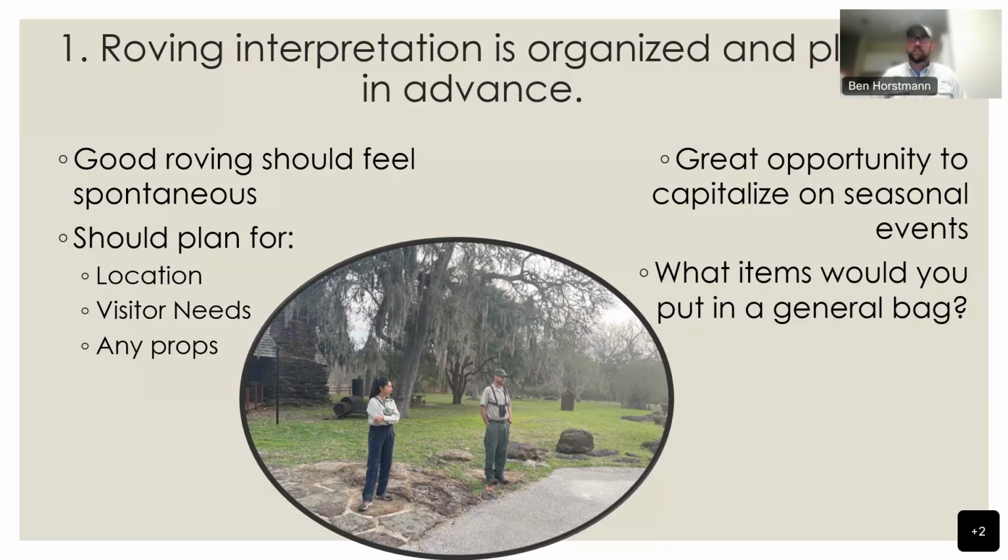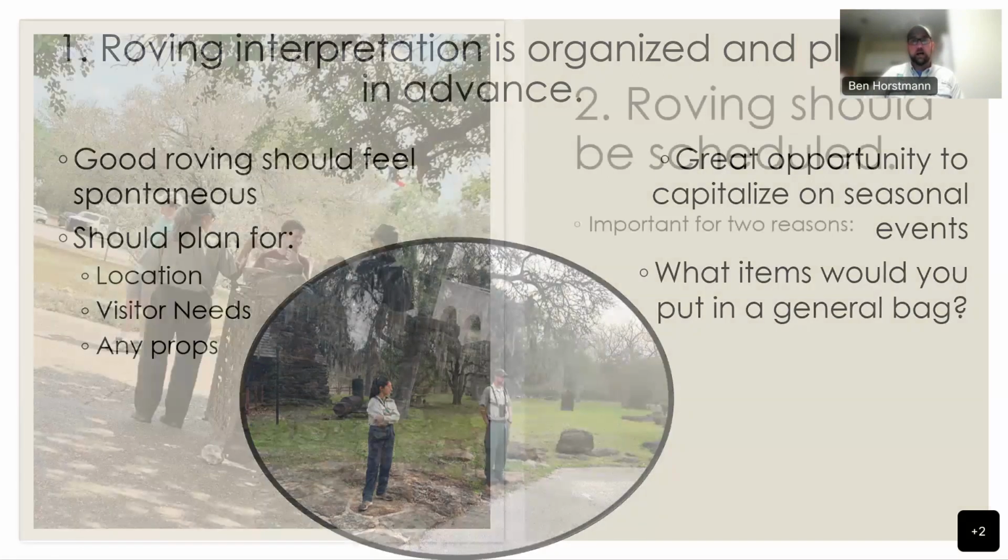Sometimes they would just be staring at a certain tree and would ask me about that tree. And I could show them pictures of what that tree looked like when it was blooming, what organisms that tree might be a host for. So having those things in a bag, and we'll talk about kits in a little bit.